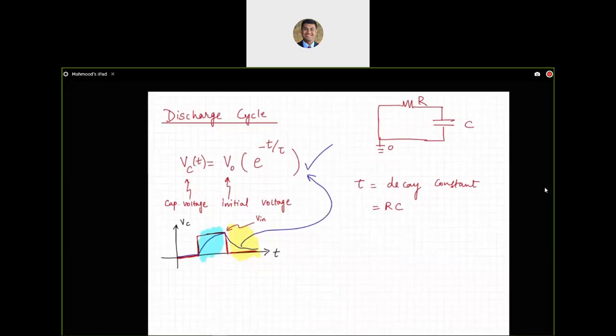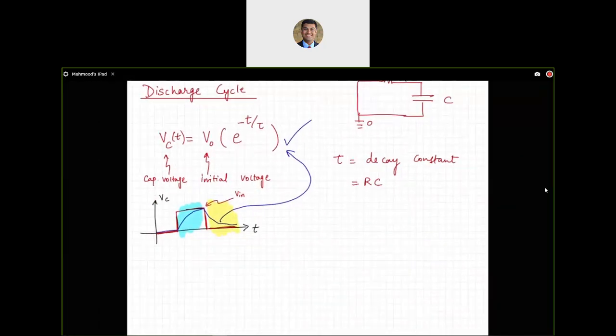Now using this, we can answer a similar question. How long does it take if the start voltage was 2/3 VCC to go down to 1/3 VCC? Again, those choices will make sense later in the lecture today. If I wanted to know how much time it takes for a capacitor to discharge from 2/3 VCC to 1/3 VCC, I can use a similar process.